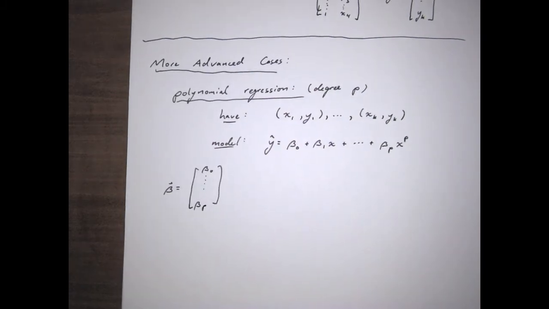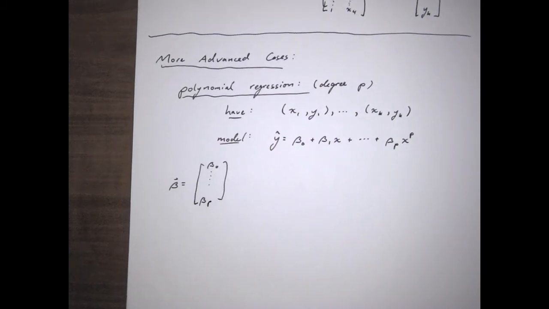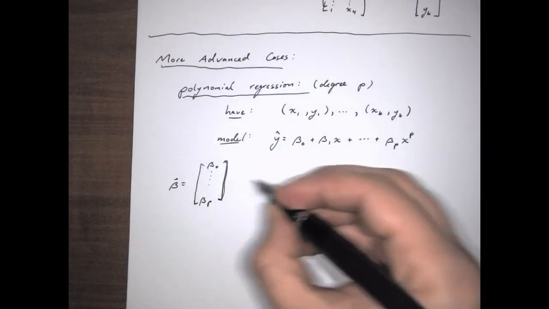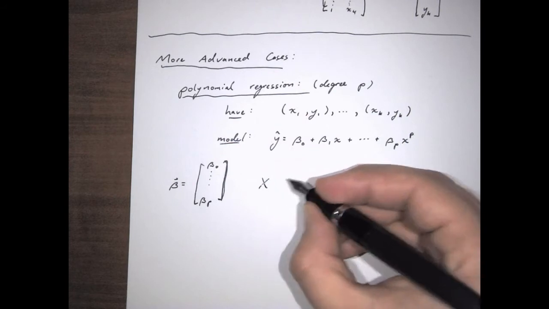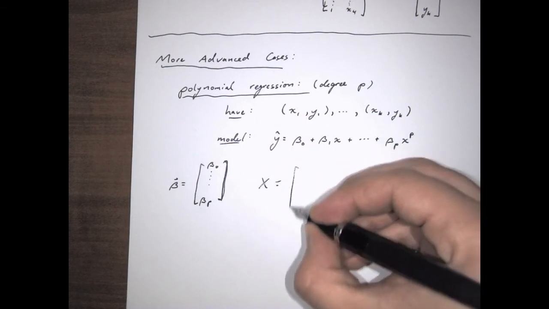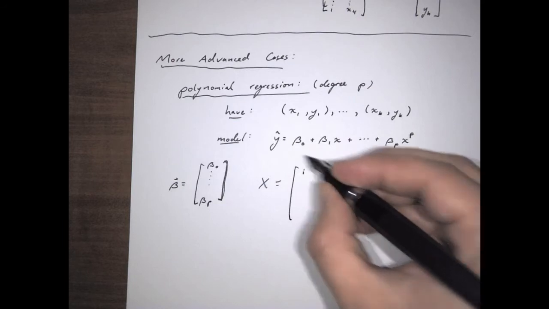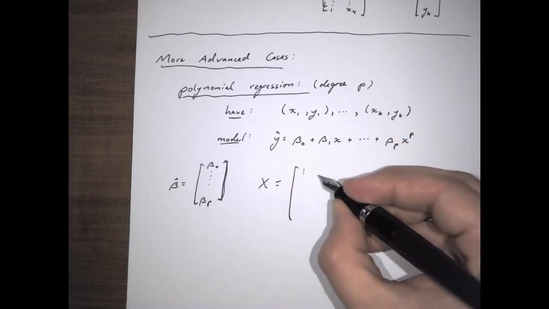So in other words, you always get one entry for each of the unknown coefficients, the betas. And then the design matrix now is going to be slightly different. You just read off what the coefficients are going to be. For each of the data values, it'll be 1 on the constant.